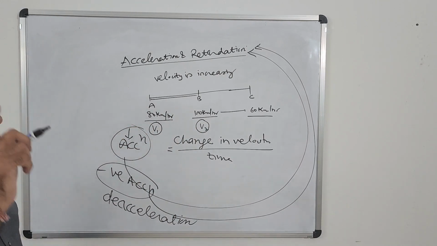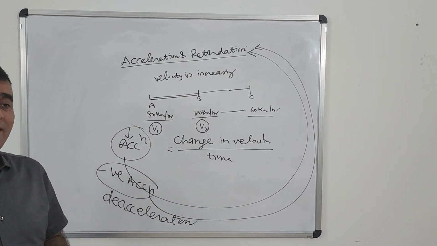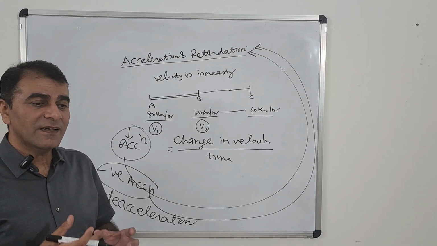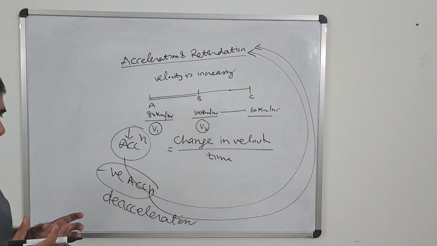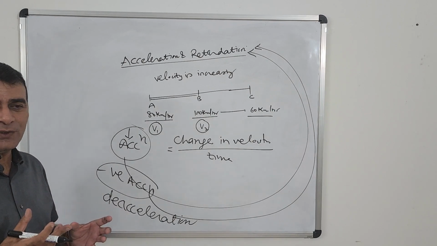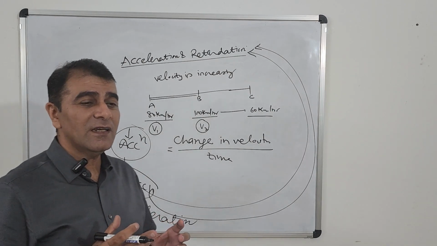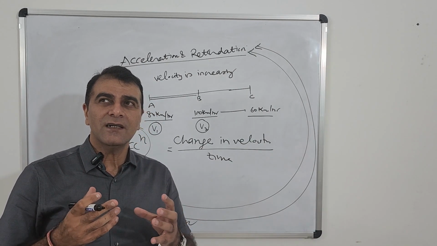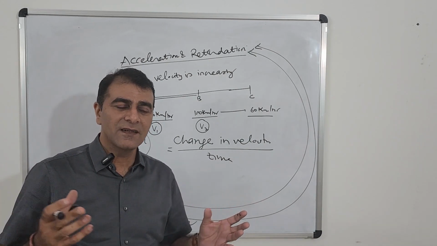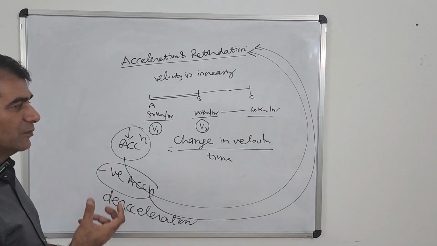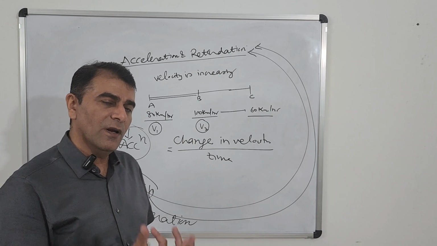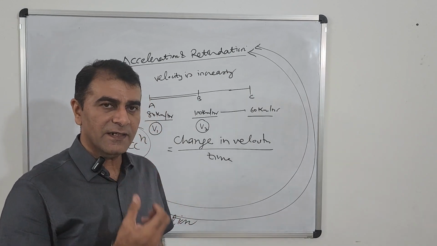I will give you one example where you will see that things are changing with motion, and it will be somewhat the beauty of physics. You know, physics is actually full of things which give you a sightseeing experience. I will give you a simple example. Let us say we have a ball in our hand.